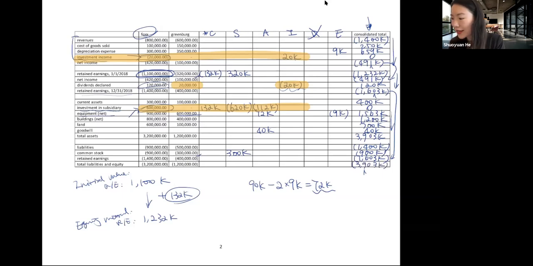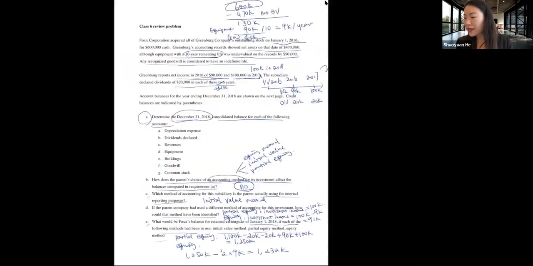So the last check is that your total assets should be equal to your total liabilities and shareholders' equity. If those two numbers are not the same, there's something wrong. You need to check back at your calculations. So this is a review of what we learned in last class.